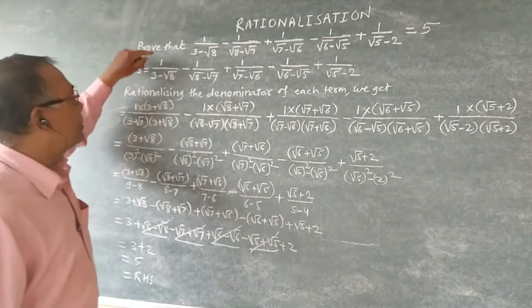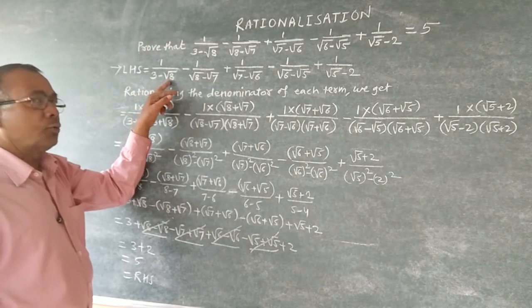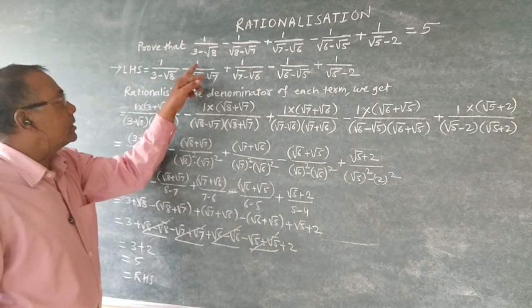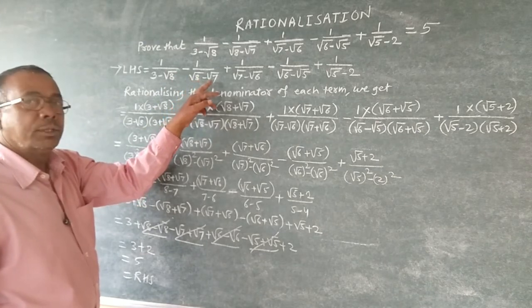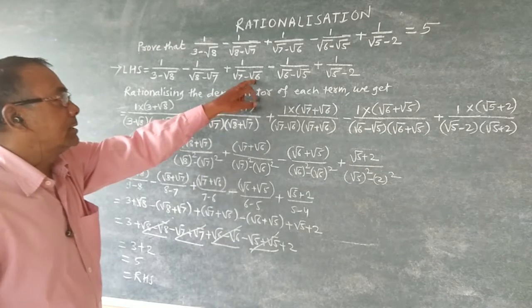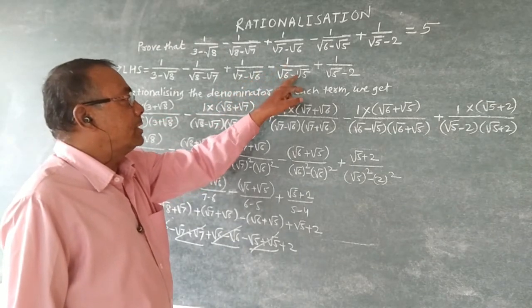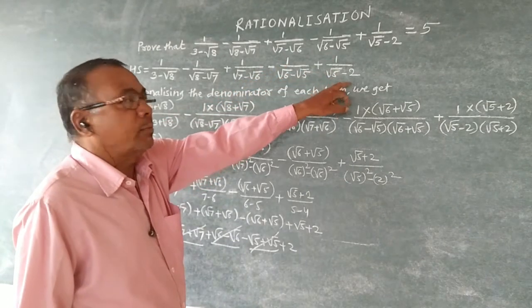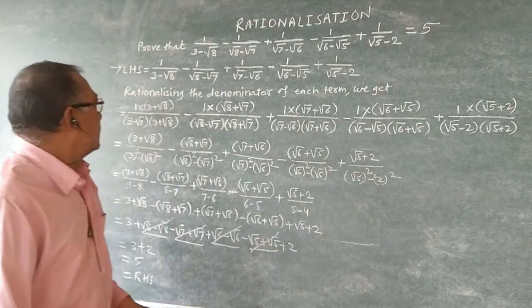So LHS is equal to 1 upon 3 minus root 8 minus 1 upon root 8 minus root 7 plus 1 upon root 7 minus root 6 minus 1 upon root 6 minus root 5 plus 1 upon root 5 minus 2.